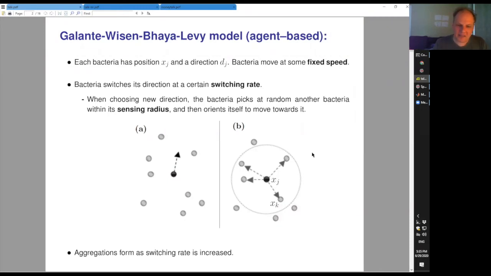But occasionally they look around within their sensing radius and switch direction towards a random bacterium inside this sensing radius. So with some rate they just move at random, and with a different rate they switch and decide to follow a neighbor within some sensing radius.